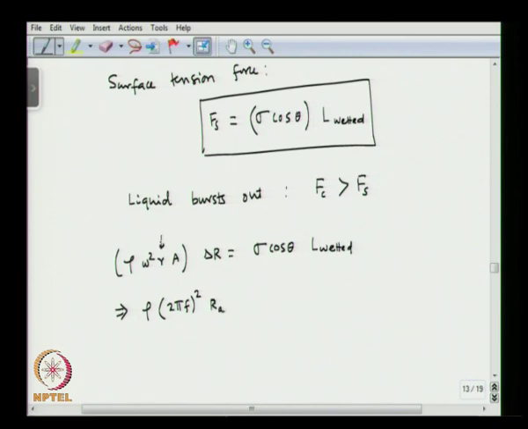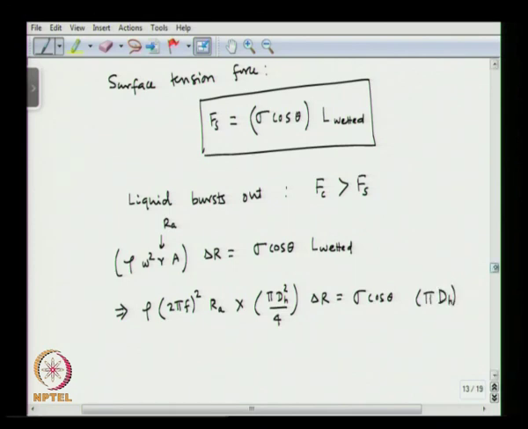So, this r is the location of the droplets, so we call it average radius, and the area of cross section of the channel is pi into dH square divided by 4, into delta r will be equal to L cos theta, sorry, sigma cos theta into the weighted parameter, which is pi into dH.